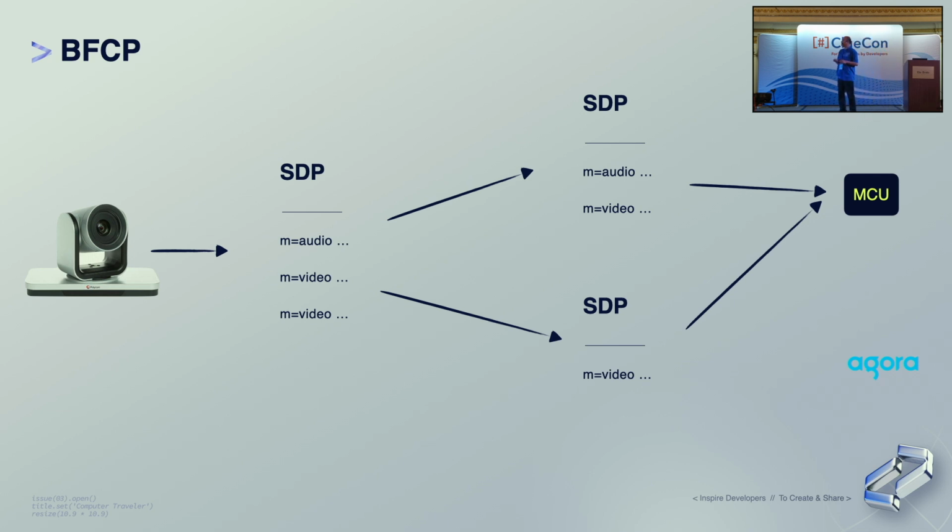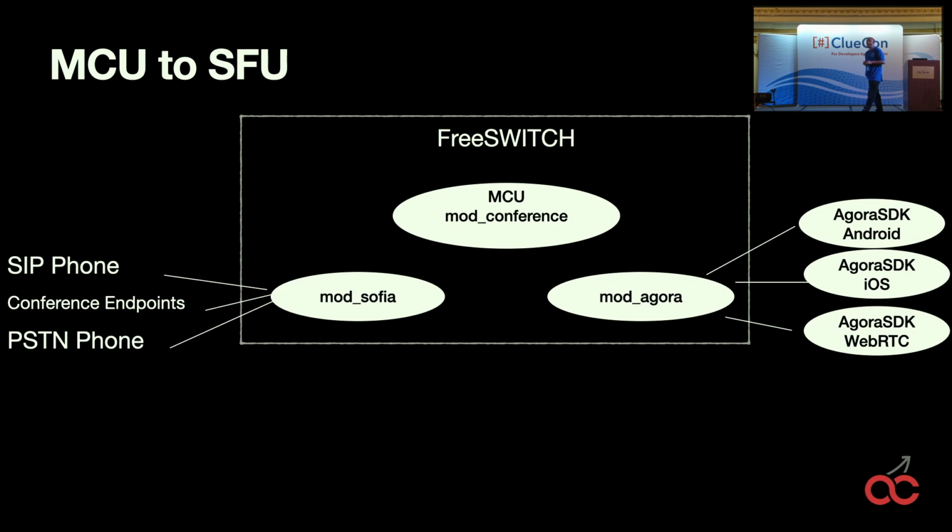And we can also send different streams to some SFU like Agora. Does anyone know about Agora? Okay, Agora is a Chinese-based company, also headquartered in the United States. They basically made WebRTC a commercial product, and built a large network called the real-time network. They have an SDK.